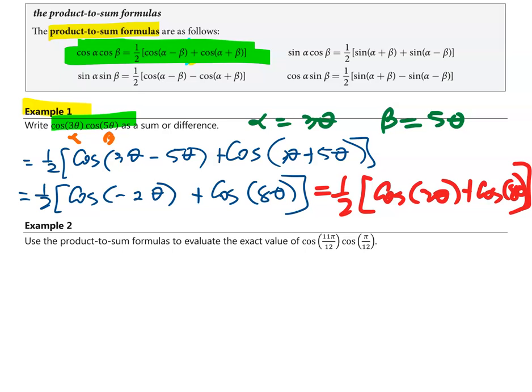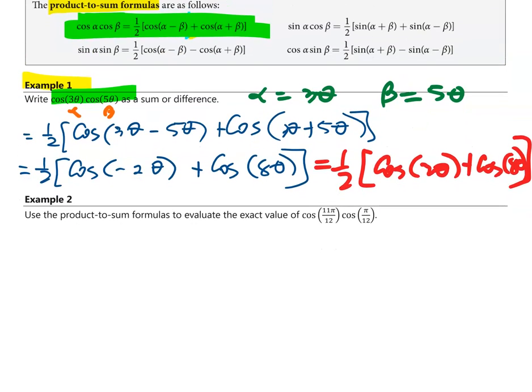Next, example number 2. Use the product to sum formulas to evaluate the exact value of cosine 11 pi over 12 times cosine pi over 12. So again, cosine, so your alpha here is 11 pi over 12 and your beta is pi over 12.